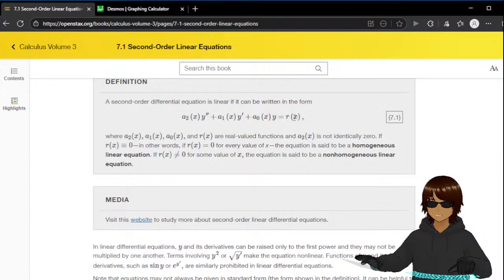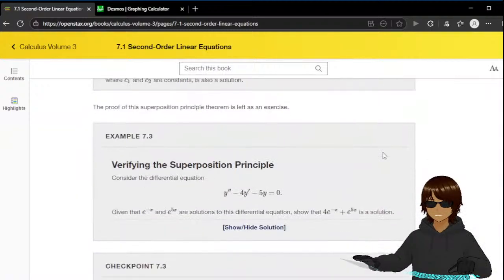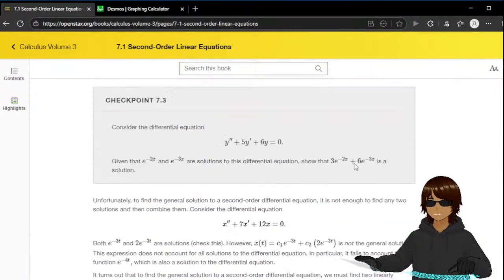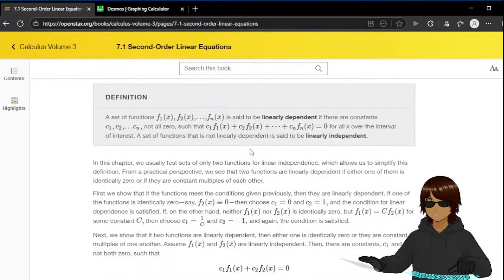But if this r over here is 0, then it's homogeneous. So far we have dealt with linear homogeneous equations, and the next chapter is about non-homogeneous linear equations.